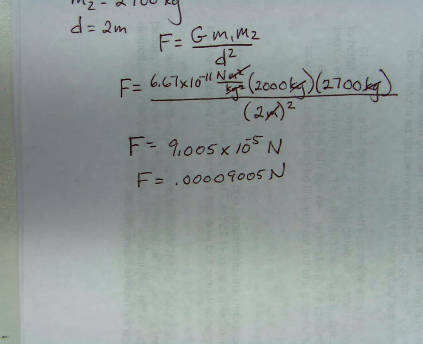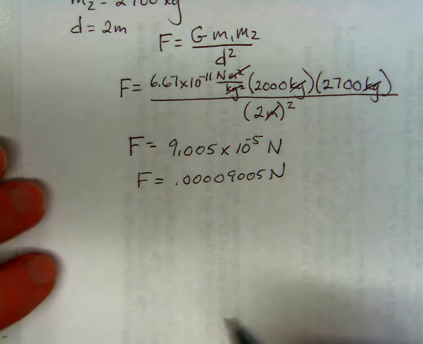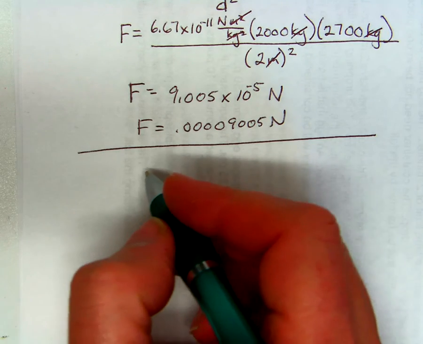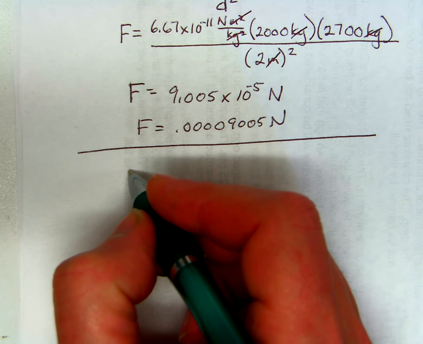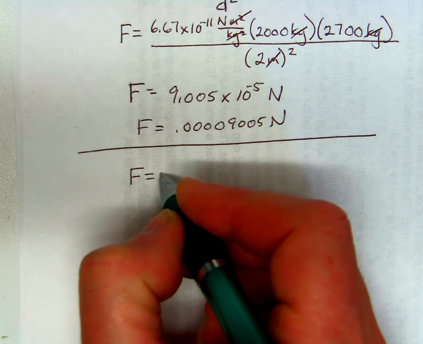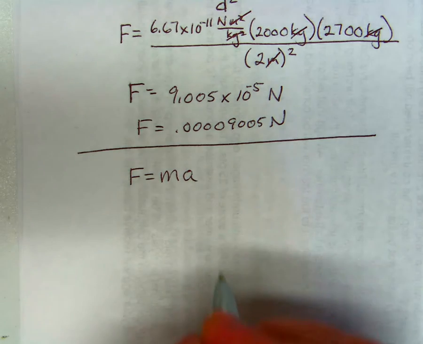What we're going to do now is start talking about the acceleration, because a lot of times we're not just wanting to know the force of gravity, but the acceleration caused by gravity. So anytime we've got a force acting on something, from Newton's second law, we know that the force is equal to the mass times the acceleration.